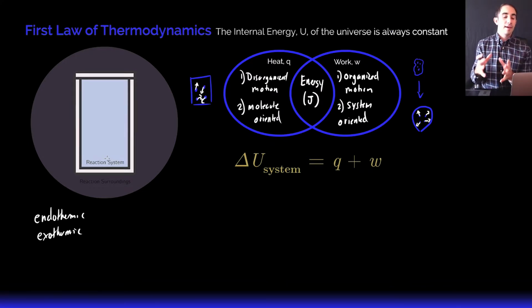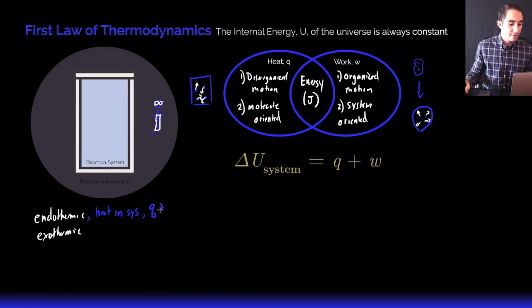But as a chemist, and if you're trying to be a safe, responsible chemist, you are usually standing out here in the surroundings doing your experiment, and hopefully you've got your safety goggles on and your lab coat and everything. Great little stick figure there. So here's why this is important. When we're talking about an endothermic change, we're talking about heat going into the system, and we're talking about a positive heat flow.